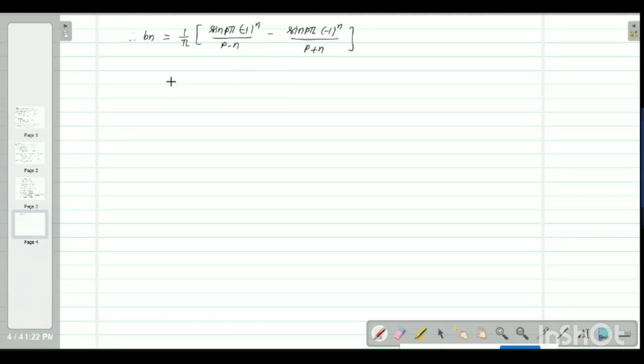So I'm taking sin pπ common, so we will have sin pπ by π into (minus 1) raised to n is also common. What is inside? This is 1 upon p minus n, and minus 1 upon p plus n.